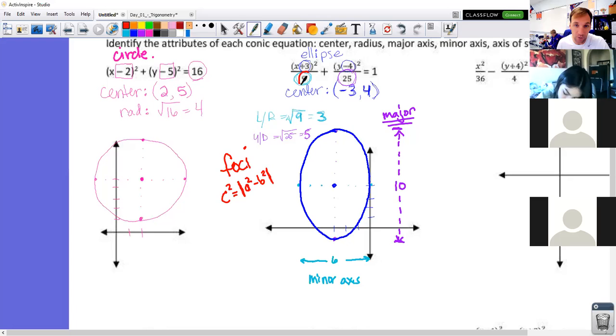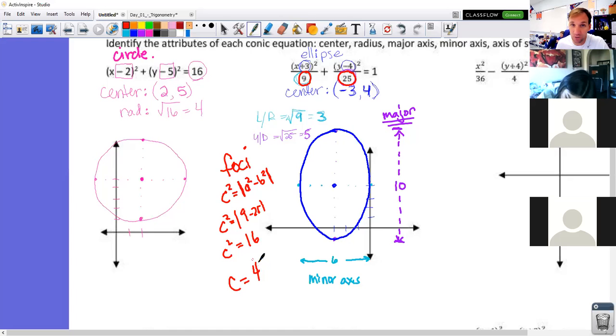Okay, so we're looking at your denominators down here. Your denominators are your a squared and your b squared. So in this case, we have 9 minus 25, which in absolute value is 16. So this number will always be a positive number. Okay, so c is 4.